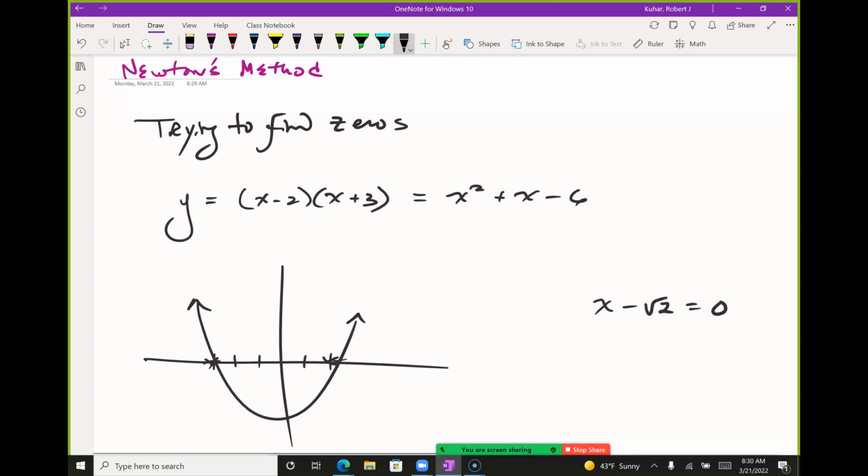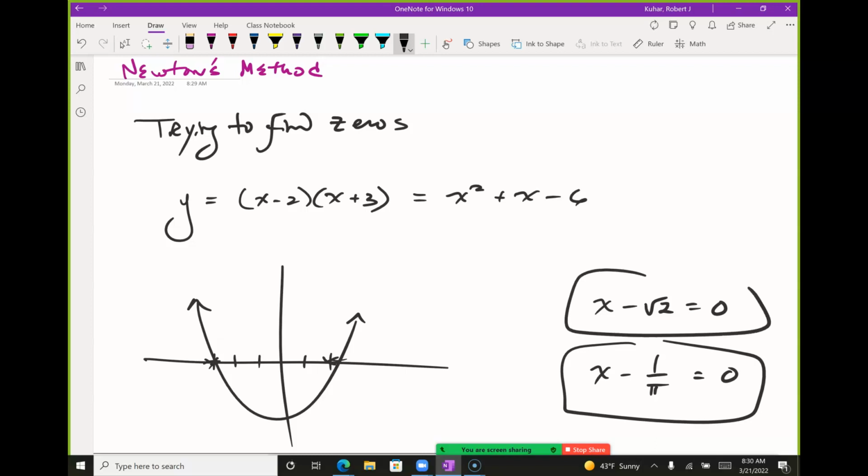If I'm trying to find the reciprocal of pi, I've got x minus 1 over pi equals 0, that kind of thing. And you'll see this one in the project itself. I think it was part D. We're trying to find the reciprocal of pi, okay?